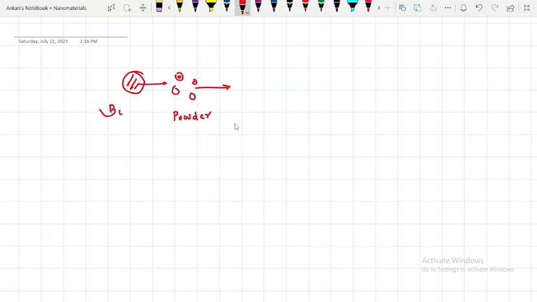This is the bulk material, the powder, and from this powder nanomaterials are formed. Either it can be formed by this type of approach, or it may be formed, let me draw it in blue, from some atoms.